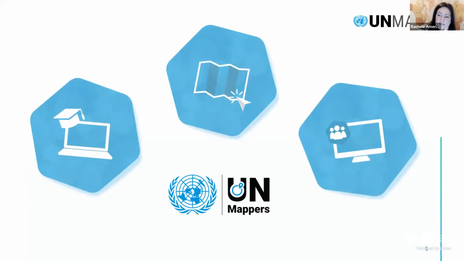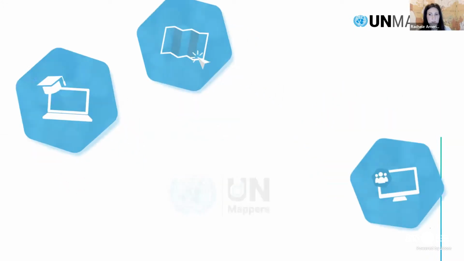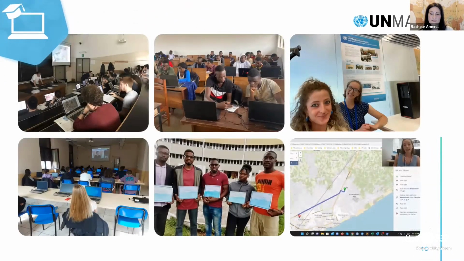Okay, so I was speaking about Unmappers, which is the crowdsourcing community of UN Maps. So what we are doing is to collaborate with different stakeholders to create this open data. This open data, be careful, is not made for the UN.